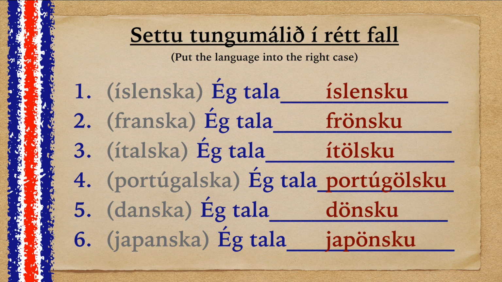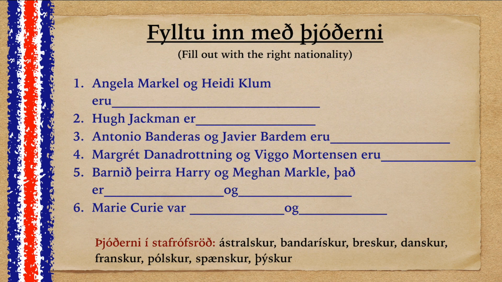Ég tala ítölsku. 4. Ég tala portugalsku. 5. Ég tala dönsku. 6. Ég tala japansku. Notice that I gave you all the difficult ones with the sound change from A to Ö, but that's just because I really want you to remember.